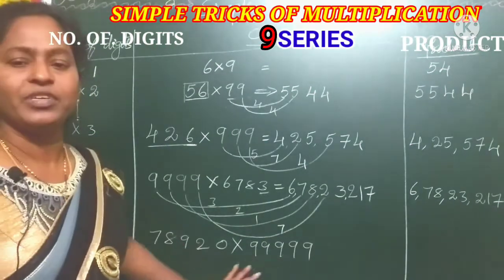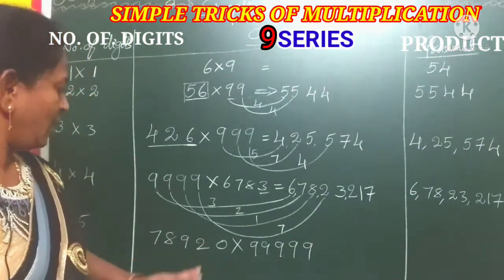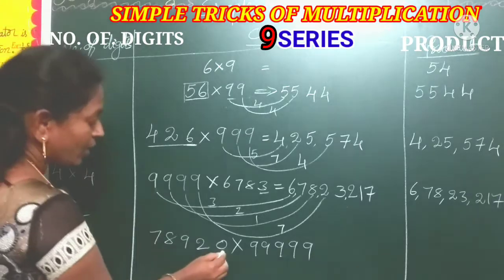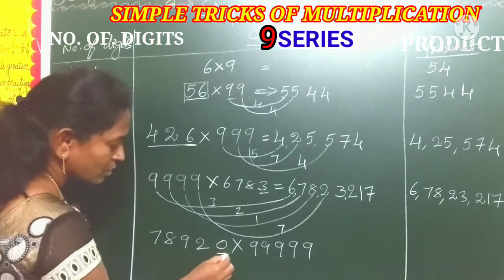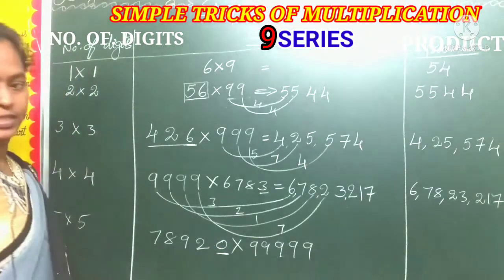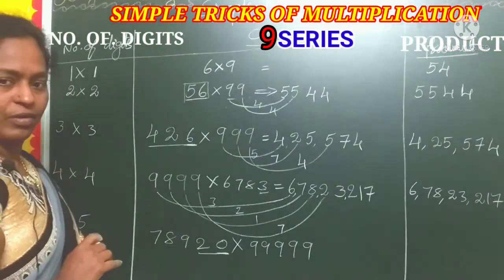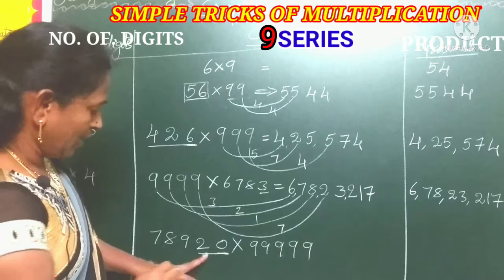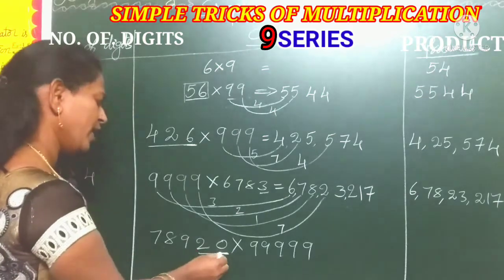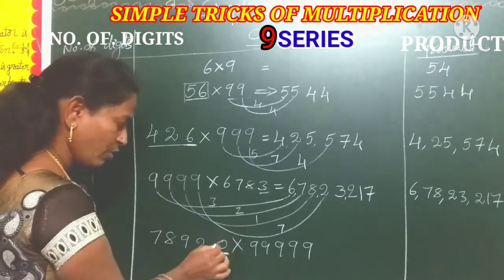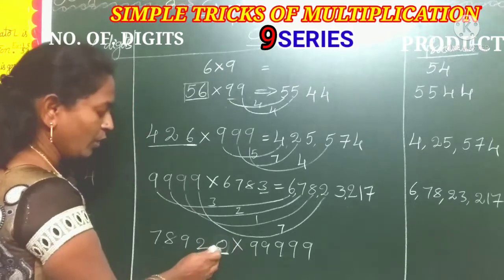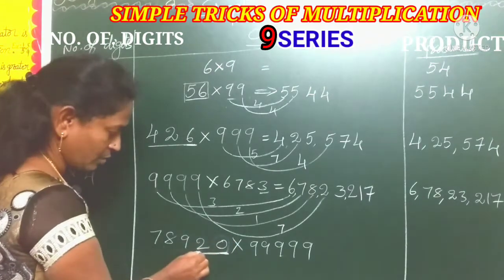Equal number of digits. Okay. See. Here also, in that ones place 0 is there. 0 means you can take 2 digits. Right? Understand my point? Here 1 digit means we can take 1 digit, ones place 0 means you can take 2 digits. Got it?